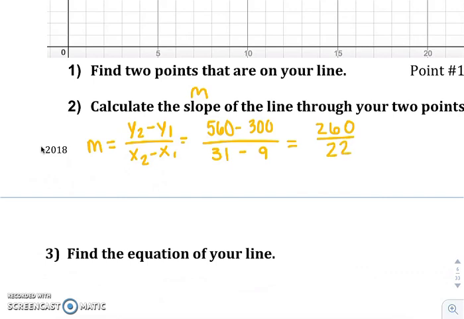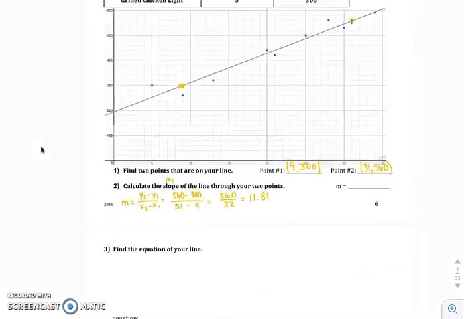I could reduce that into a fraction, but for line of best fit is one of the few times where I actually do just put it into a fraction or into a decimal. So 260 divided by 22, I'll do 2 decimal places. We're going to say it's about 11.81. So that is our slope.